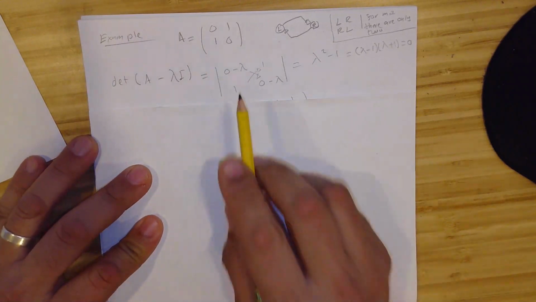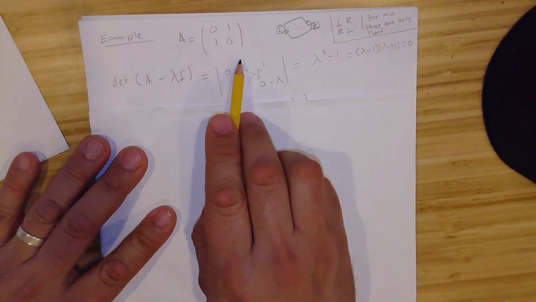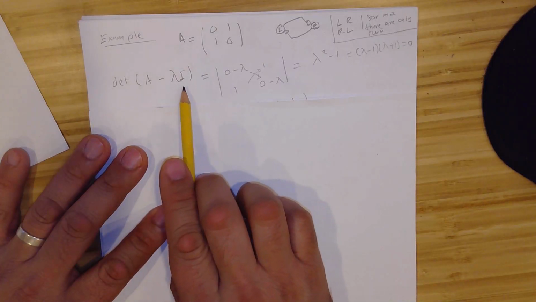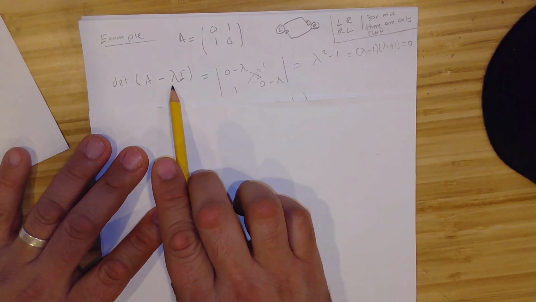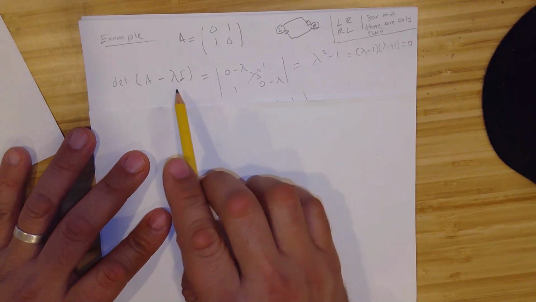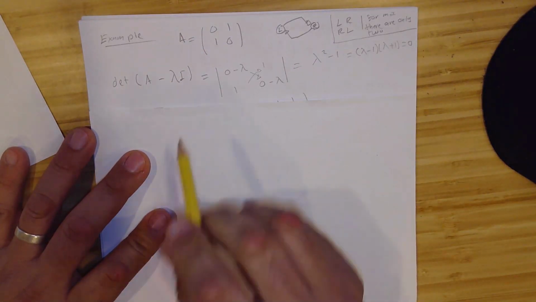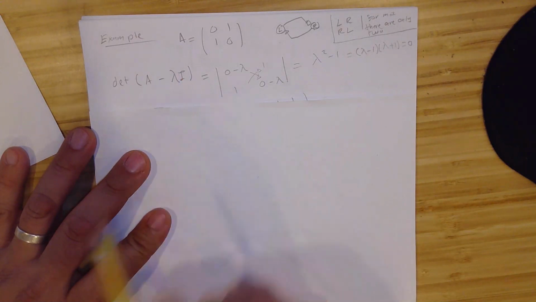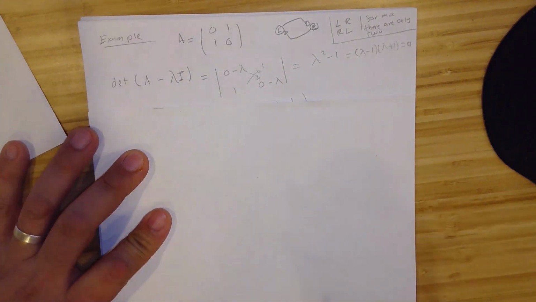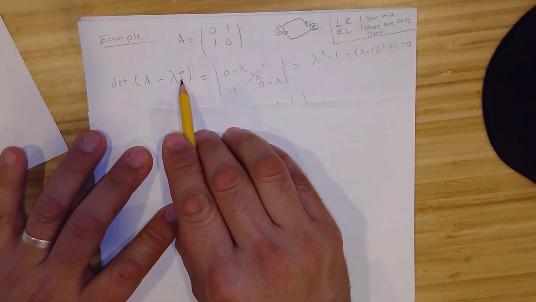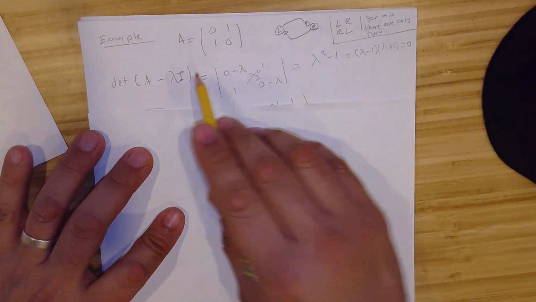So first, how can we get the diagonal of this? We obtain the determinant by the eigenvalues, the possible eigenvalues. This is the unique matrix.